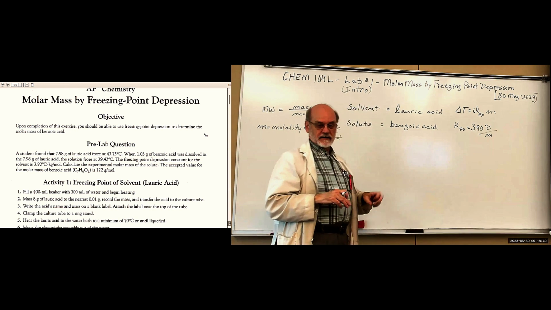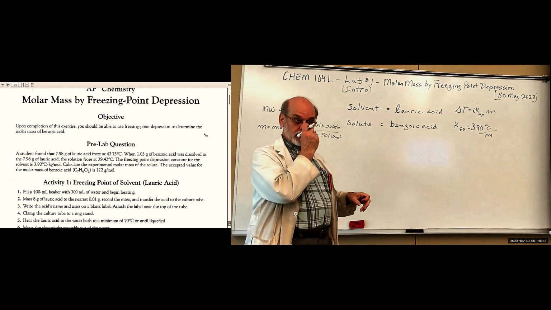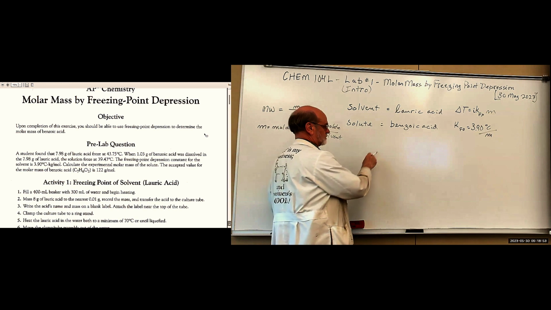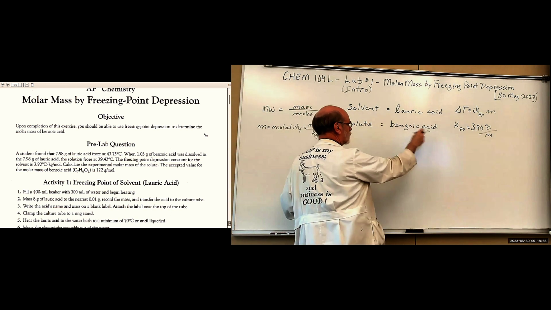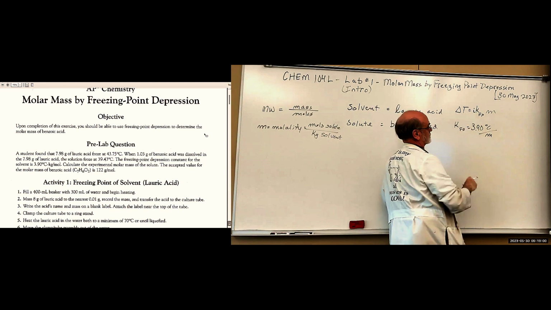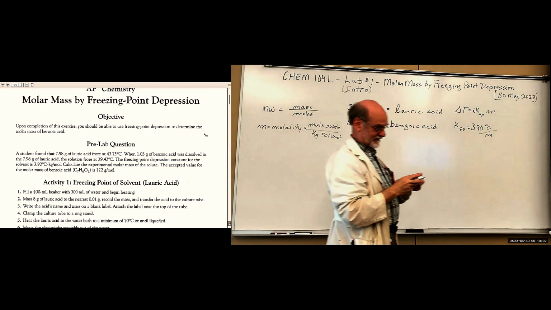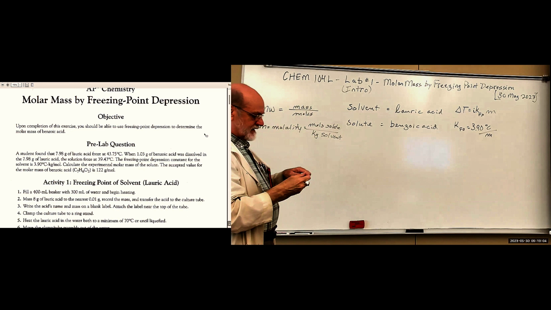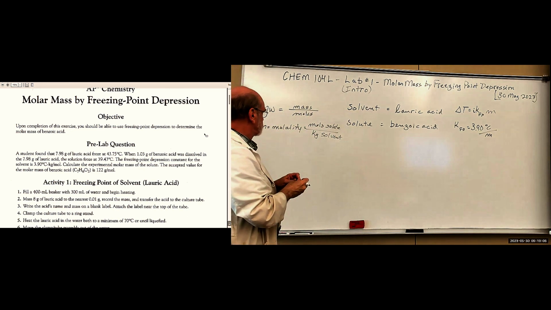Benzoic acid is entire. It goes into solution as this whole unit. So our correction factor is actually 1. All right. So that's the theory.